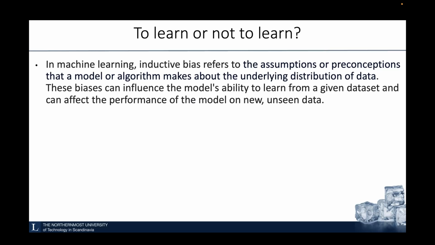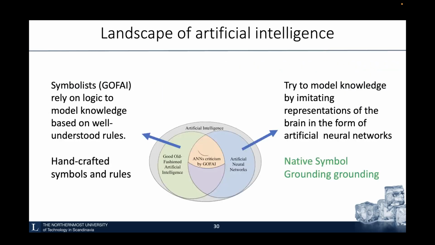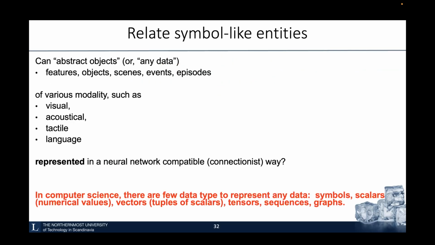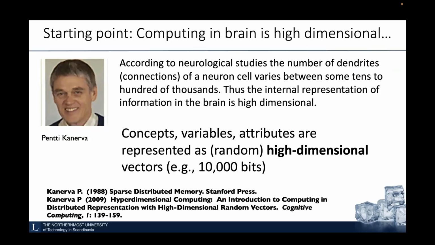But the question is whether there are other ways to incorporate this bias, inductive bias, into learning processes. So let me skip this stuff over here. And that is where we come to the theory: distributed representations or high dimensional, hyperdimensional representations.